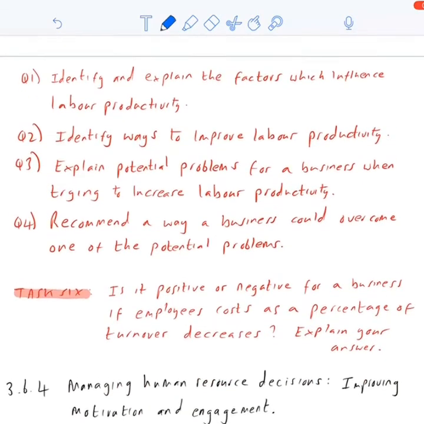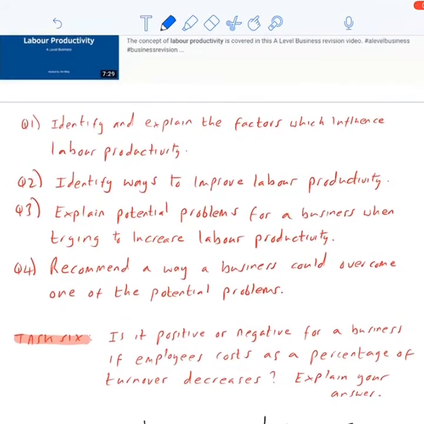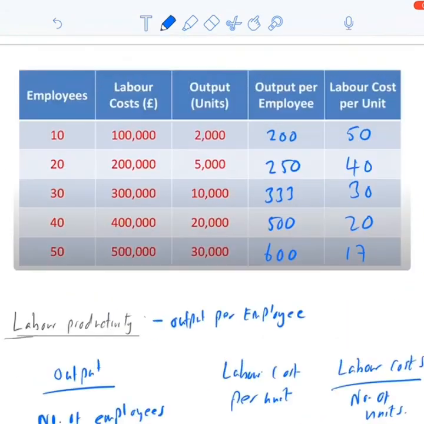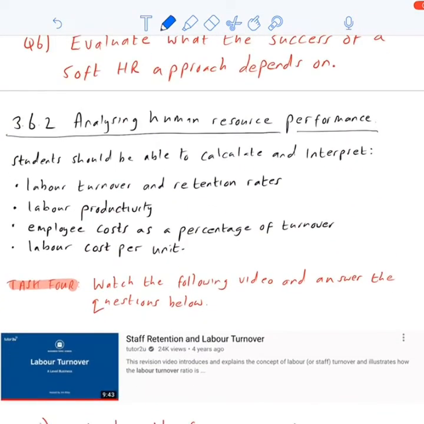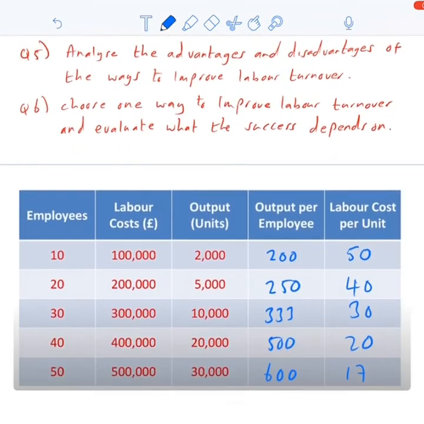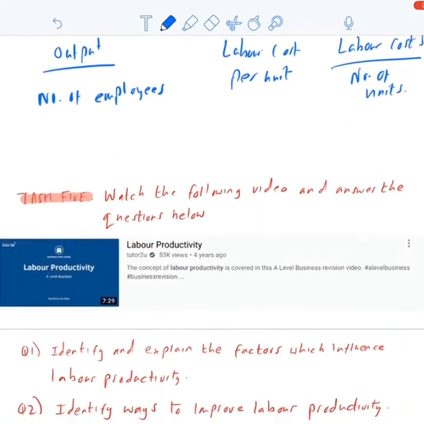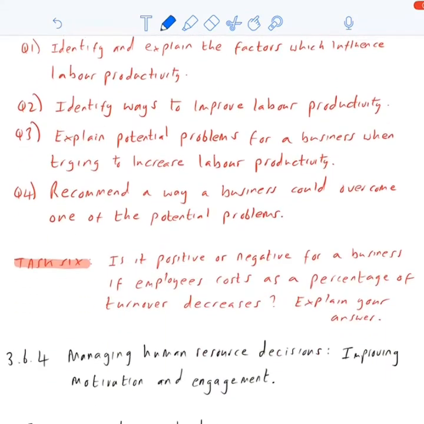Okay, task 6. I want to consider here employee costs as a percentage of turnover. And when we say turnover, we mean sales turnover, so sales revenue. So your next task, I want you to consider this in more detail.